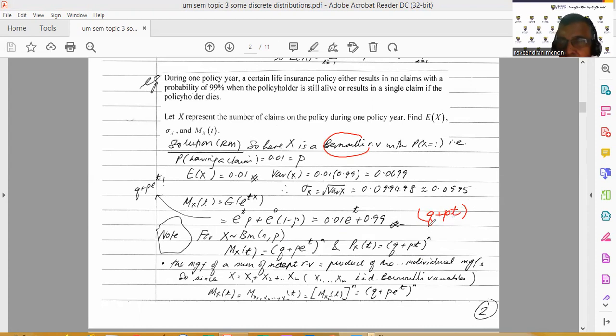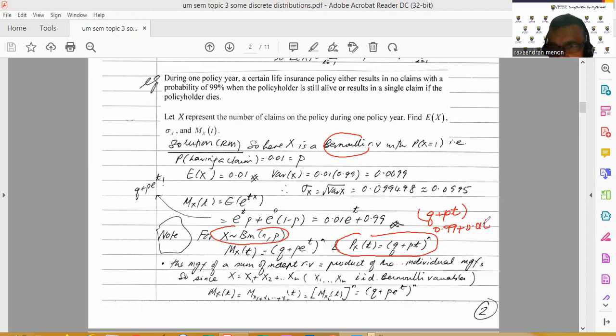Are you with me on this? I'll repeat. This one here is for the binomial distribution with n trials. But if n equals 1, then your probability generating function will just be q plus pt. So you just write 0.99 plus 0.01t.